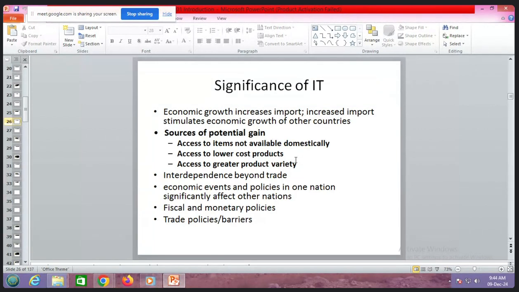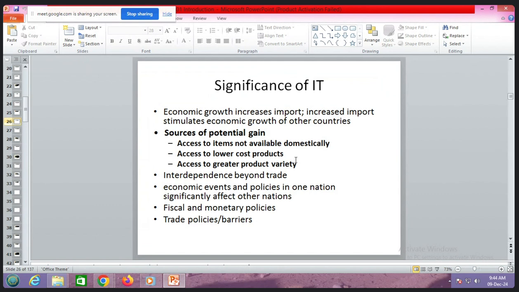So what we are trying to look at in this slide, the significance of international trade, is that all the nations are interdependent through trade. Trade is beneficial because it helps the economies in getting the goods at a cheaper price.